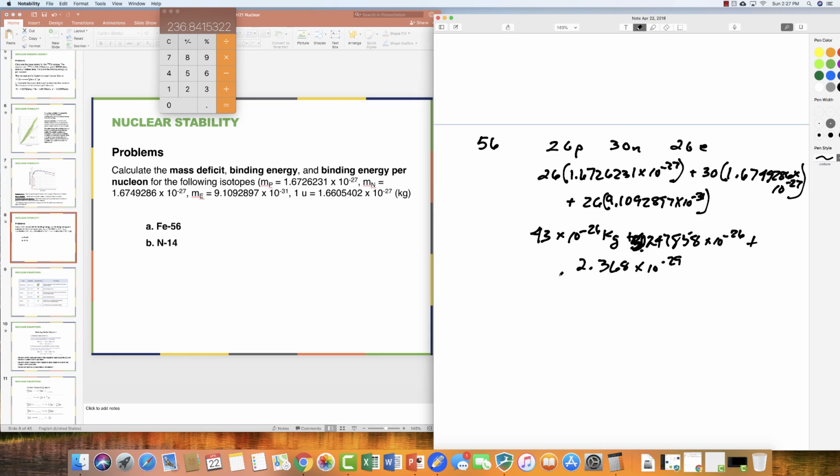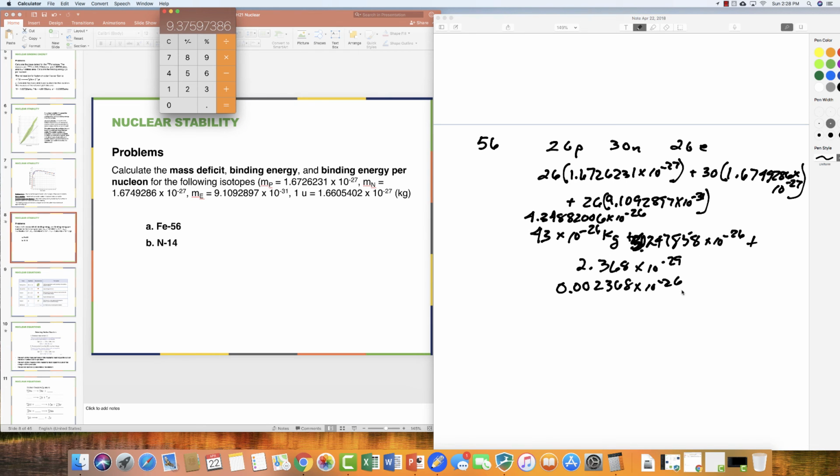So that's 0.002368 times 10 to the minus 26. Let me go back and get more digits here. This will be 4.34882006 times 10 to the minus 26.